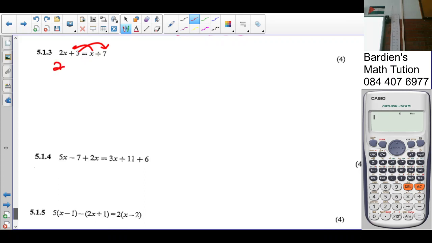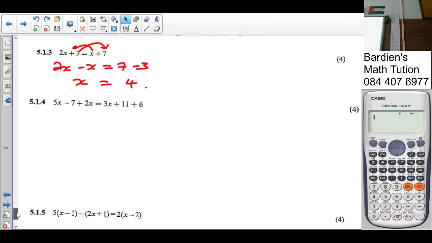So, you've got 2x, you take an x over and it becomes minus x equals 7 minus 3. What's 2x minus x? X equals 4. We can test if we are right, play little games with ourselves in the exam. X is now 4. 2 times 4 is 8 plus 3, 11.